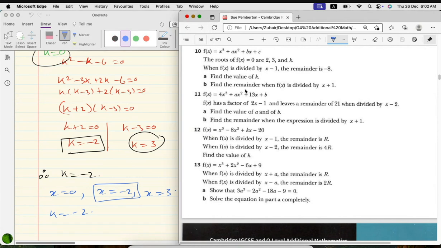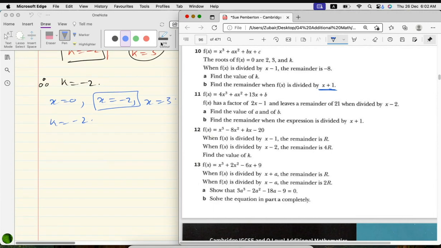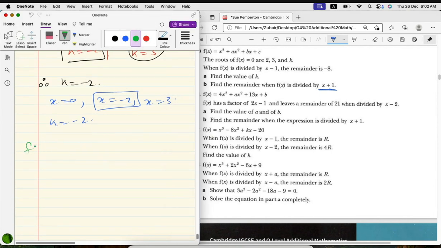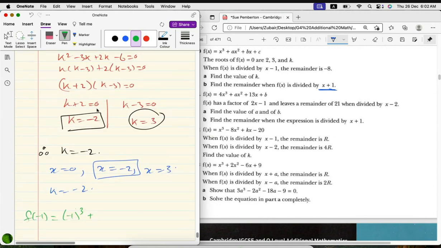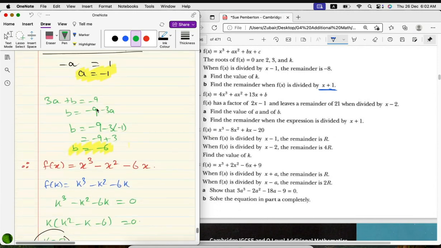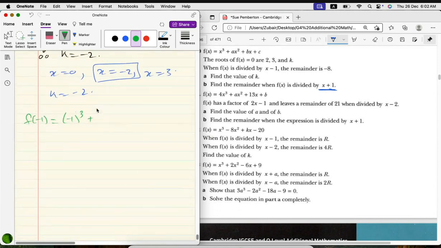And then it says find the remainder of f of x when it is divided by x plus 1. So we simply substitute x equals minus 1. F of minus 1 is minus 1 cube, minus 1 equals minus 6.